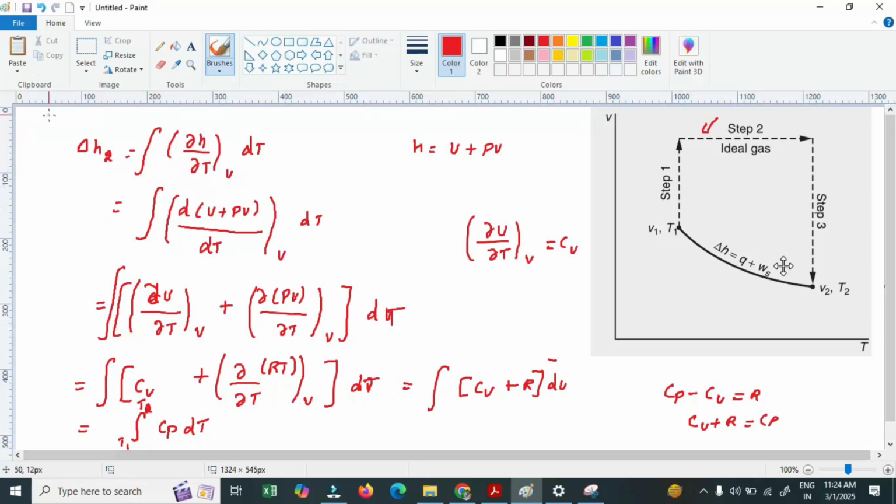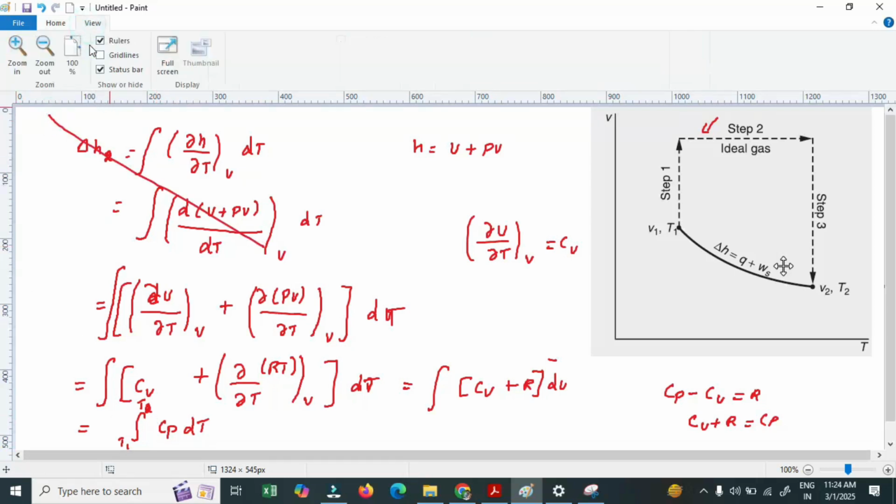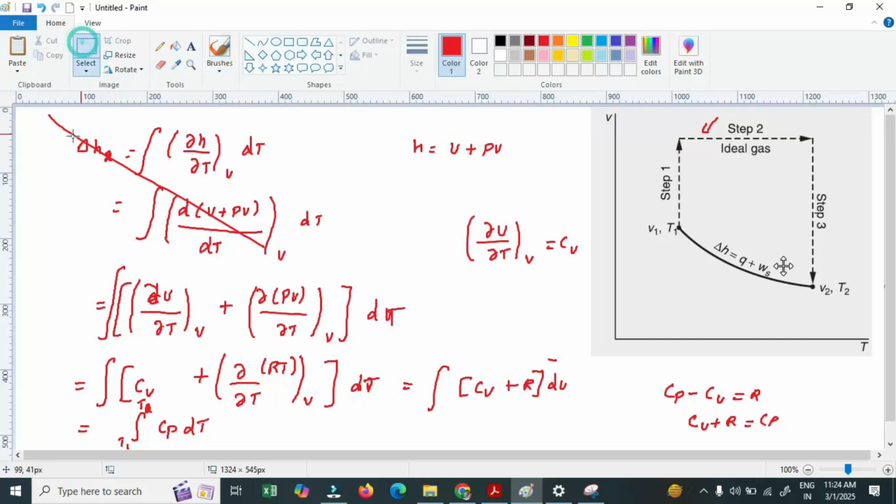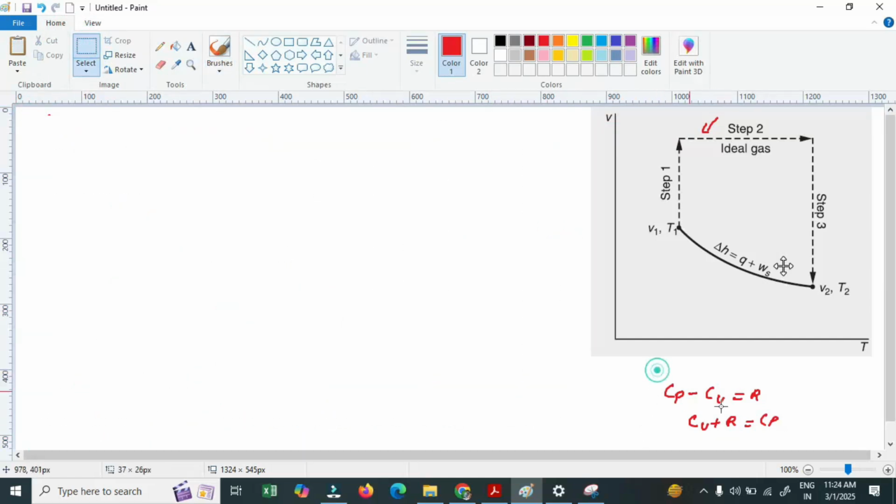And I know the final thing: del H2 equals the integral from T1 to T2 of Cp dT.